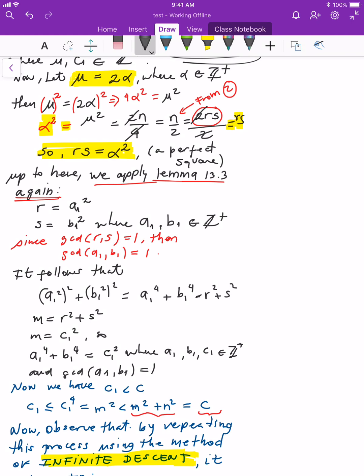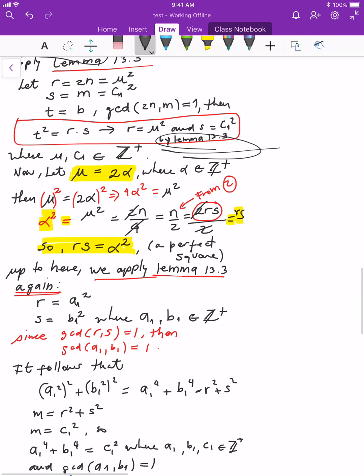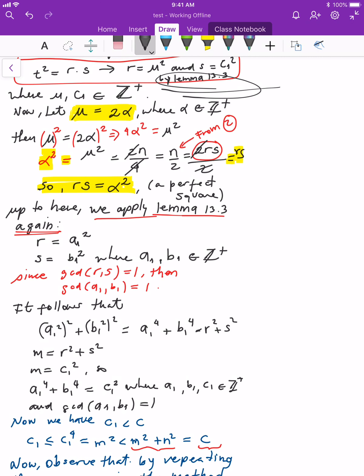Now here is some algebra. We call another variable u, and u is 2 alpha, where alpha belongs to the positive integers. Now, if you square it, you will get this.